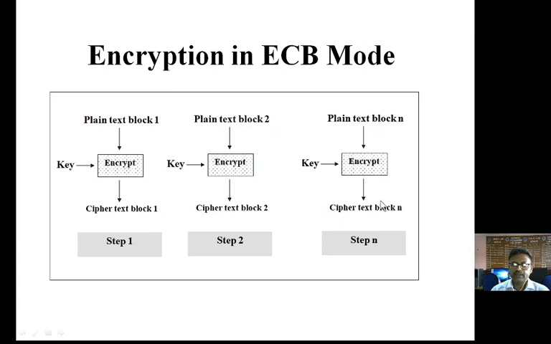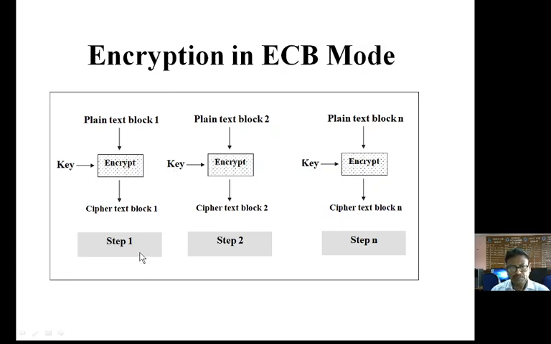Plain text block n is converted into ciphertext block n by the application of the same size of the key. Same size of the key means the size equal to the size of the plain text. Plain text size is 64-bit, so key size is 64. And in every encryption process, we are using the same encryption algorithm and the same key bits are being used.